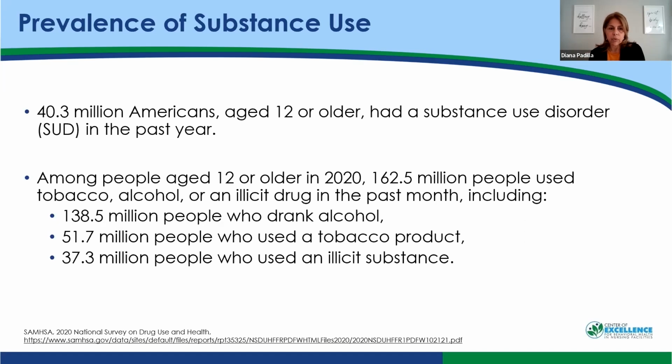And so it doesn't always look very obvious. Some of the prevalence also includes that in the past month, when the survey data was collected, almost 140 million people drank alcohol. And alcohol has a lot of different implications for different health issues.